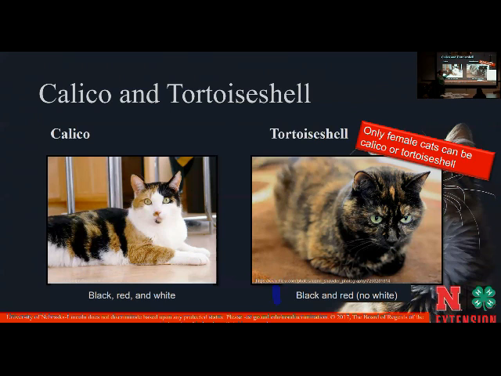That's why only female cats are calicos or torties, because that's the only way you can get that in genetics. If you have a male cat that ends up being a calico or a tortie, they are probably infertile and not able to breed, because they probably have some genetic defect that resulted in that color combination, which is why males are so rare and it mostly happens in females.